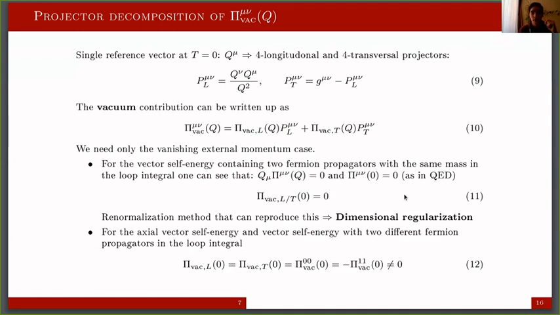I just note that in certain cases, for the vectors where in the bubble both of the lines contain a field with the same mass, the self-energy will look totally the same as the self-energy in QED. And we know that in that case the polarization tensor has to be transversal, and we can show by this that the vacuum contribution of our self-energy will be zero.